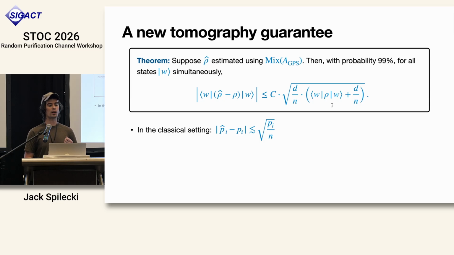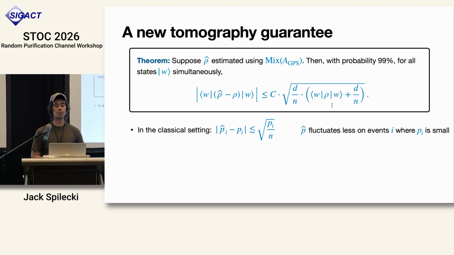And so your p hat is like a binomial random variable, right? And the variance of this random variable shrinks as the probability becomes small, right? So what we see in the classical setting is that p hat fluctuates less on events I where the probability is small.